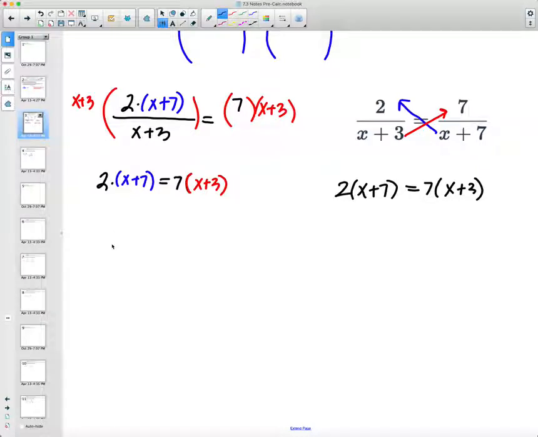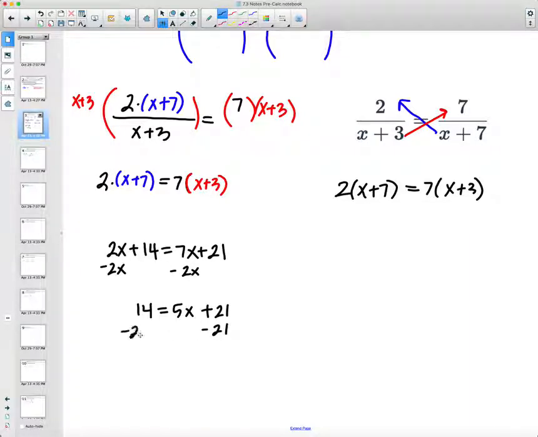Distribute the 2, so you get 2 times x and 2 times 7. Distribute the 7 and you get 7 times x and 7 times 3. Get your like terms together by subtracting 2x from both sides. Then get the 21 over with the 14 by subtracting 21 from both sides, and you get negative 7 equals 5x.